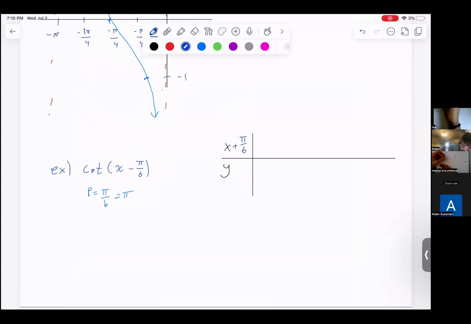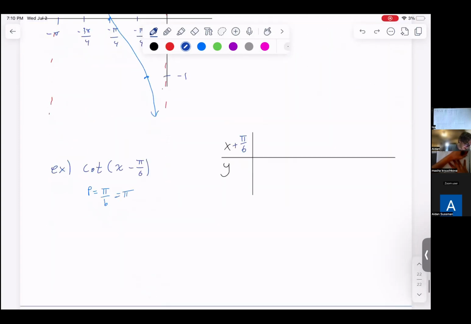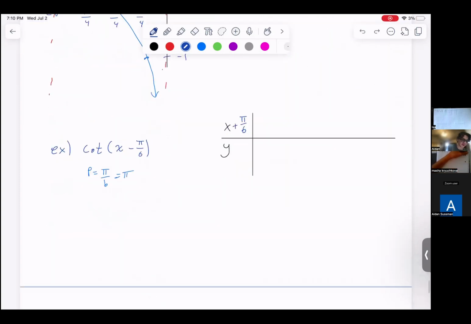Let's fill in our table and see what we get. So this first one we know is usually negative pi. What happens when I add a pi over 6? What do I get? So negative pi is the same thing as negative 6 pi over 6. What happens when I add pi over 6? What do I get? Negative 5 pi over 6. Yep, so the first part, negative 5 pi over 6.